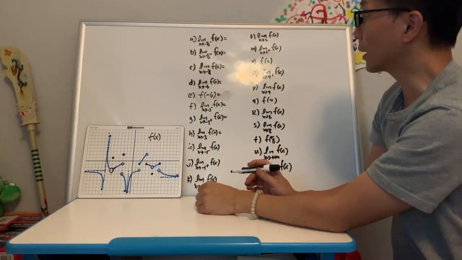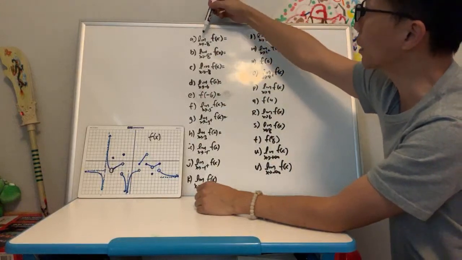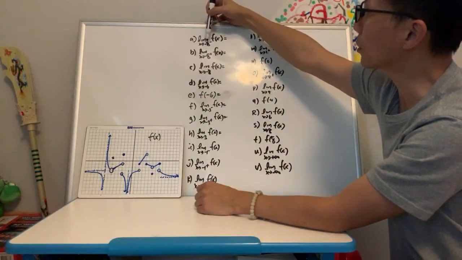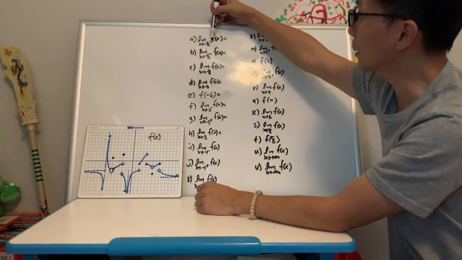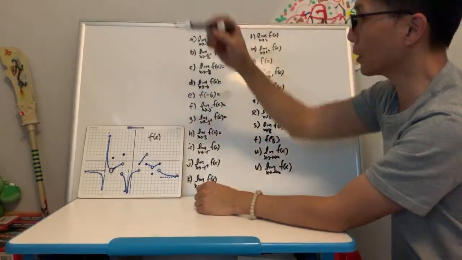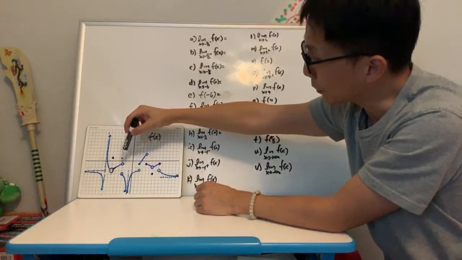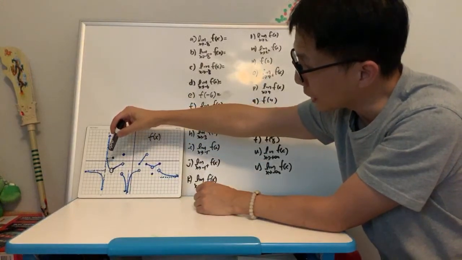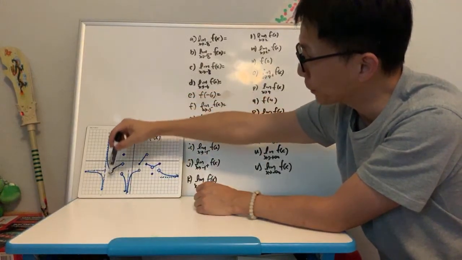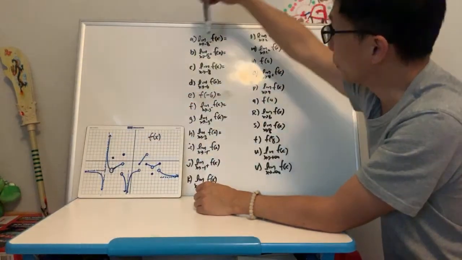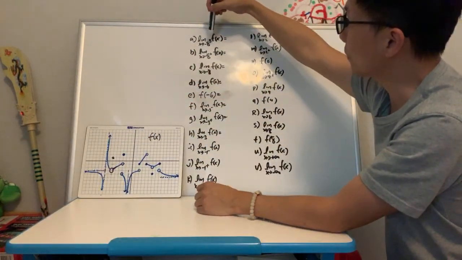So let's start with the first one. Limit as x approaches -8 from the left side. So we're going to count what -8 is. We're going to say 1, 2, 3, 4, 5, 6, 7, 8. So pretty much this asymptote. But we're going to approach this -8 from the left side.